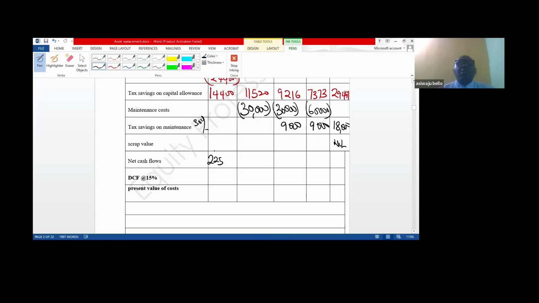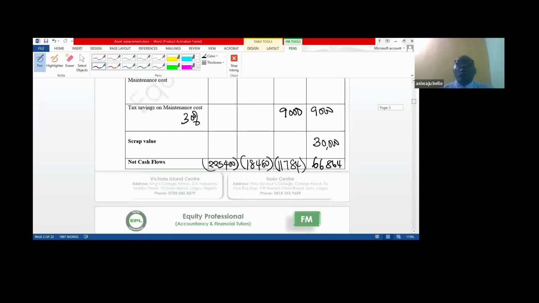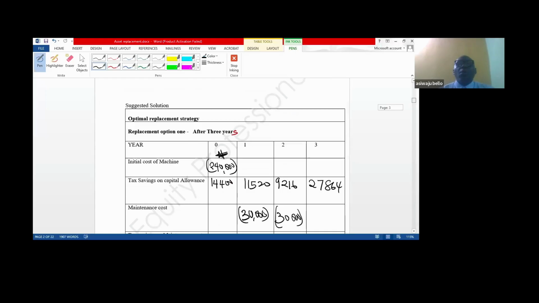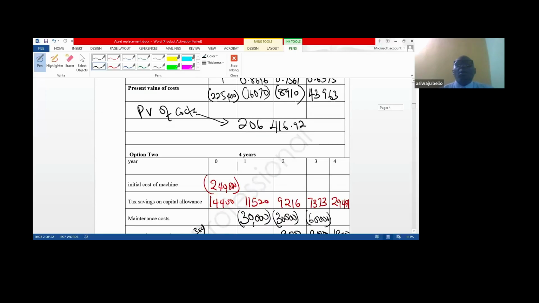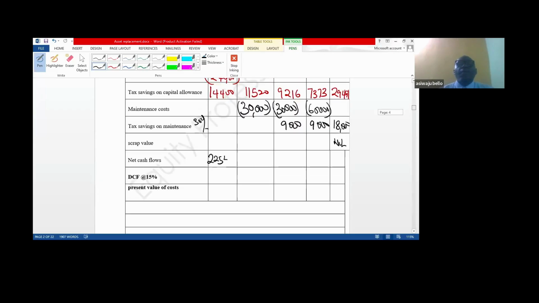225,400, negative. Next, 11,520 minus 30,000, 18,480 negative.